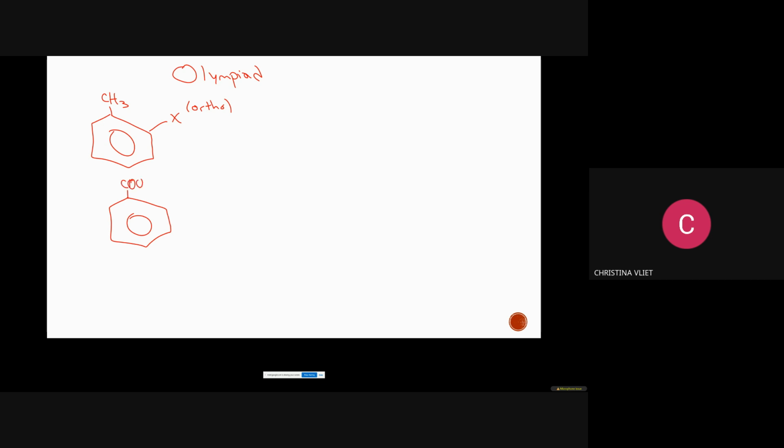Let's do this, COOH. This position right here is called the meta position. And the one at the bottom is called the para position.